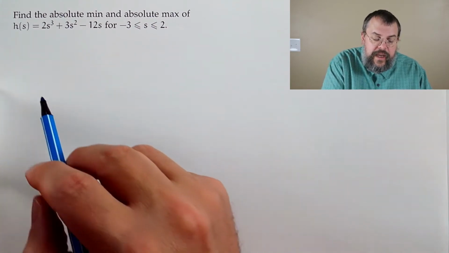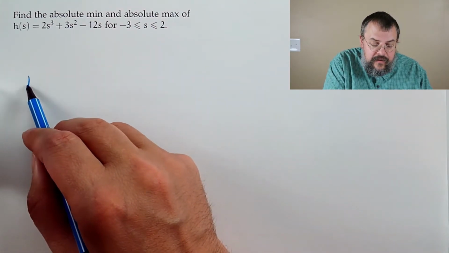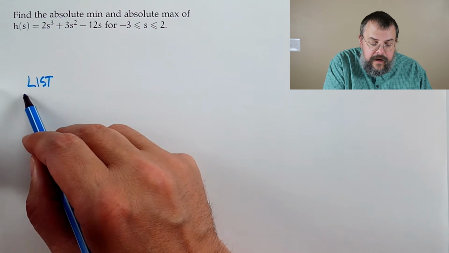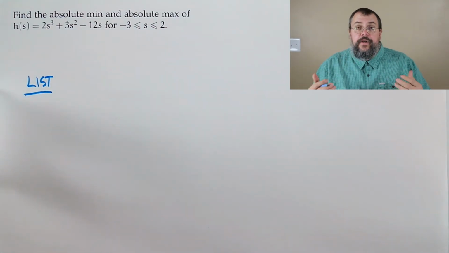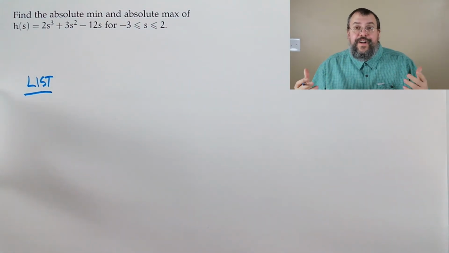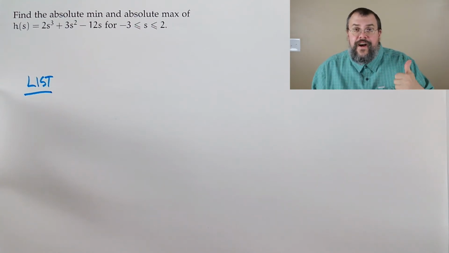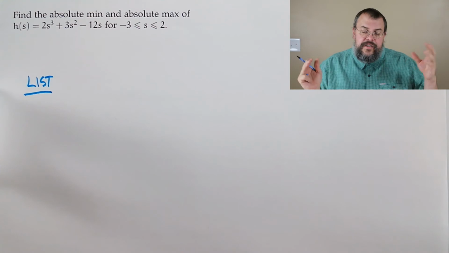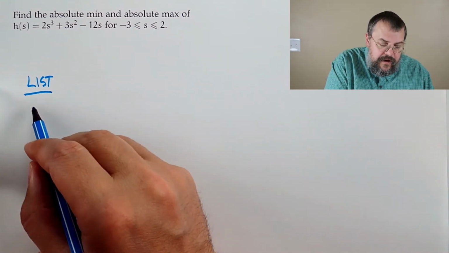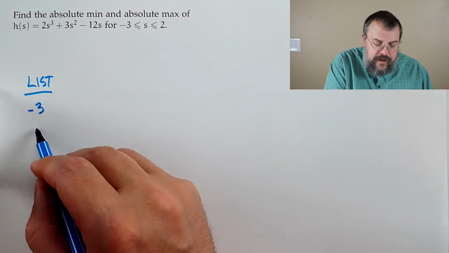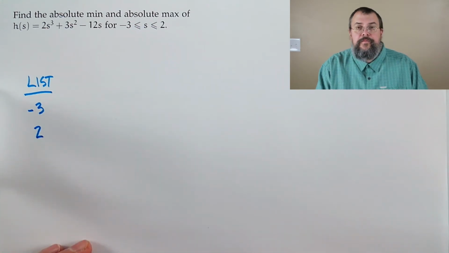So, making a list. So here's our list. And when we talk about our list, it's our list of critical points where something could happen, an absolute max or min could be found. So you should always just toss in your boundary right at the start. They're freebies. So we make our boundary points on our list, -3 and 2.